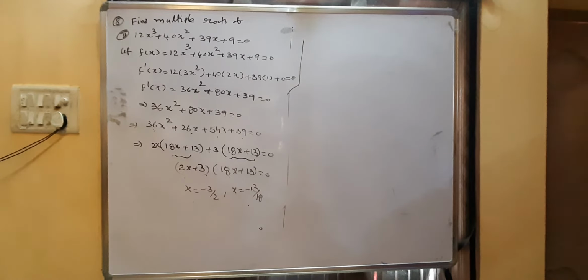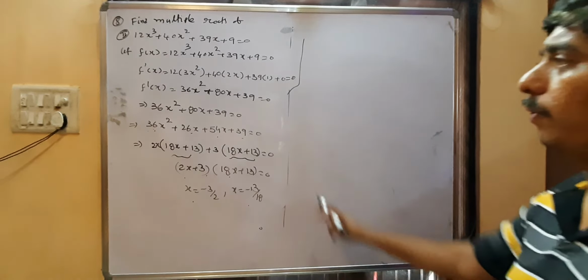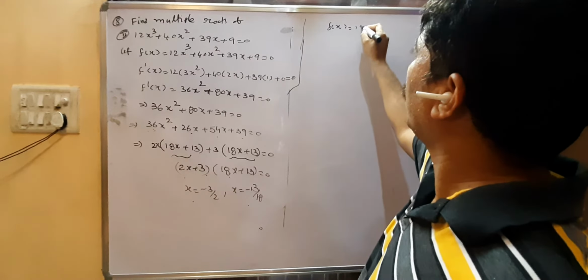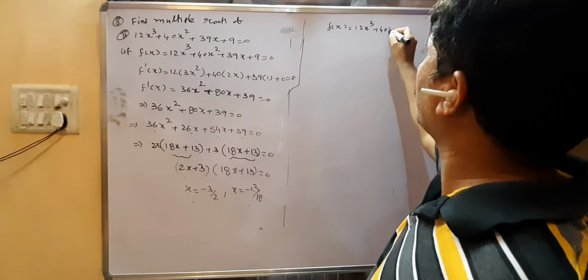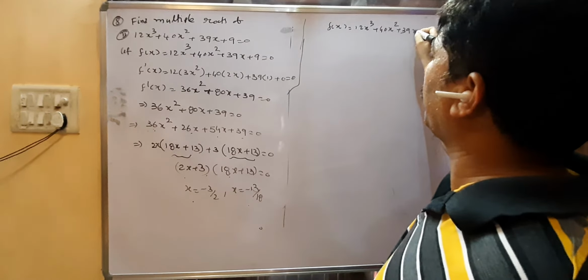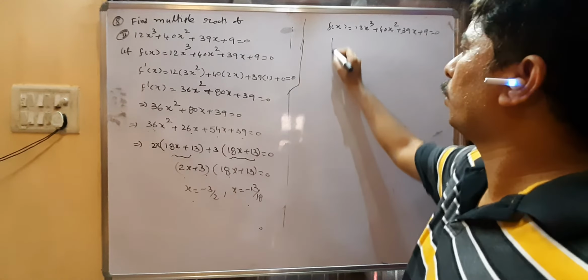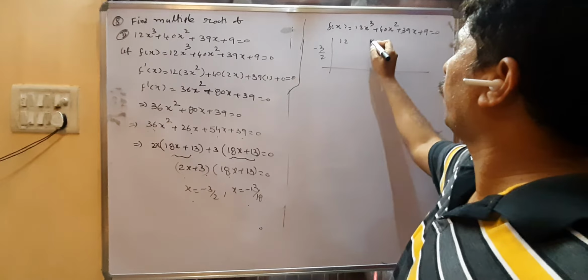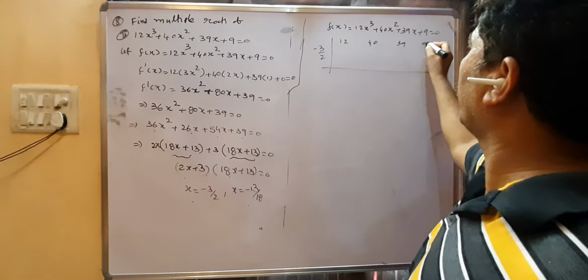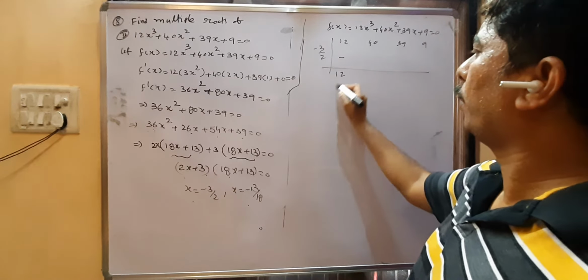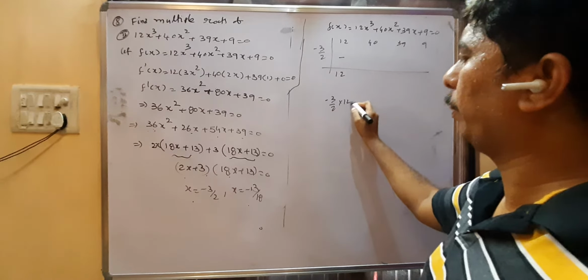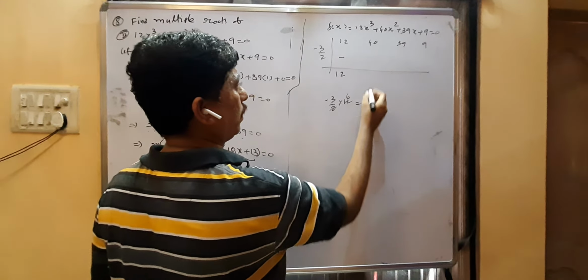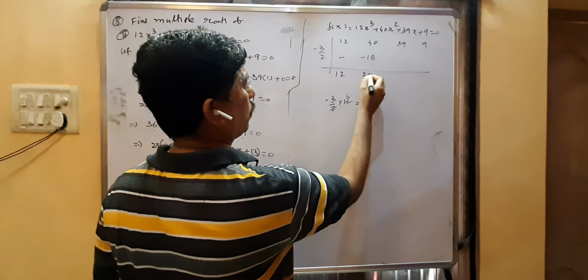Now by using x equal to minus 3 by 2, you have to do the synthetic division of f of x. What is f of x? f of x is 12x cube plus 40x square plus 39x plus 9. The coefficients are 12, 40, 39, 9. Bring down 12. Minus 3 by 2 into 12 is minus 18, so 22.